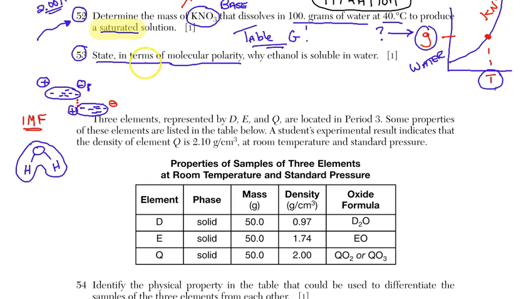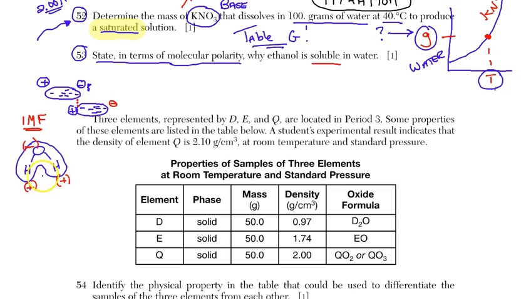So in terms of molecular polarity, you need to understand when things are soluble, it's because we're dealing with similar solubilities. If this molecule has a positive and negative end, and by the way, so does water, which is the universal solvent, it's got a negative and positive end because of the what?